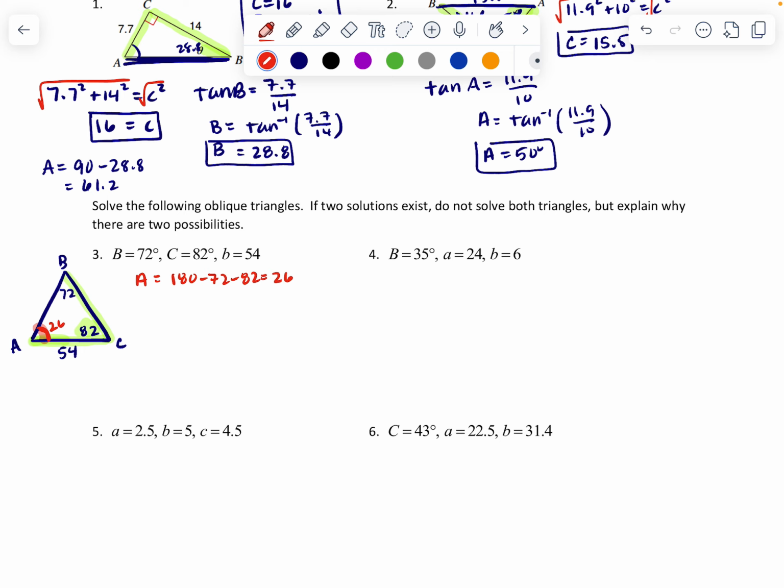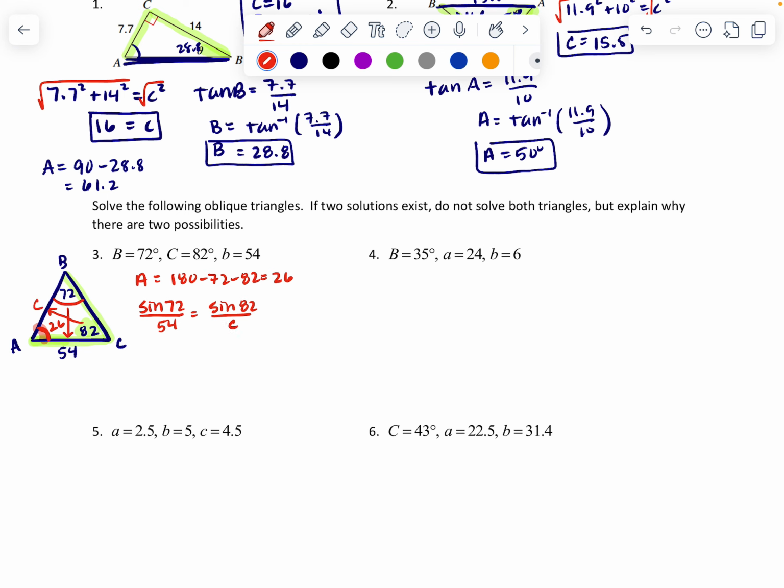Now I need to find the other two sides. Because I have an angle and an opposite side, I can use law of sines. So let's go ahead and do that. I'm going to go sine of 72 over 54 equals sine of 82 over the opposite side, which here would be c.